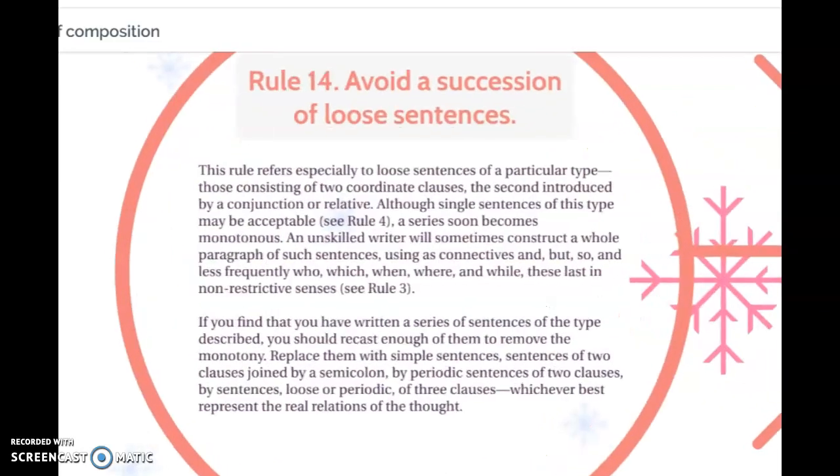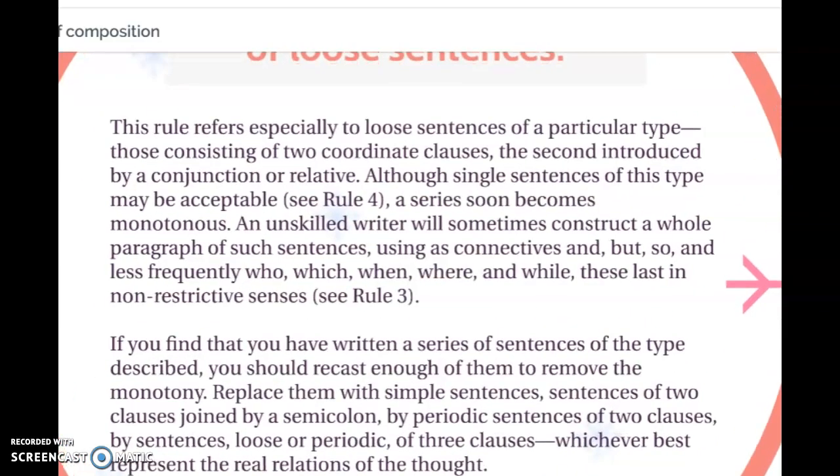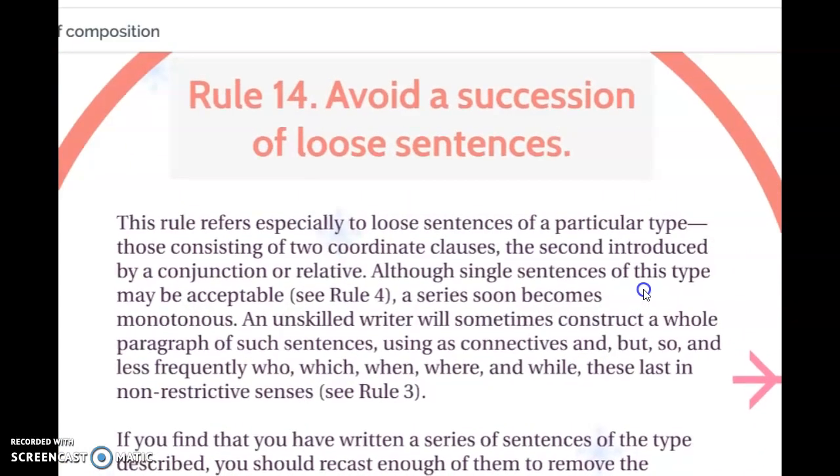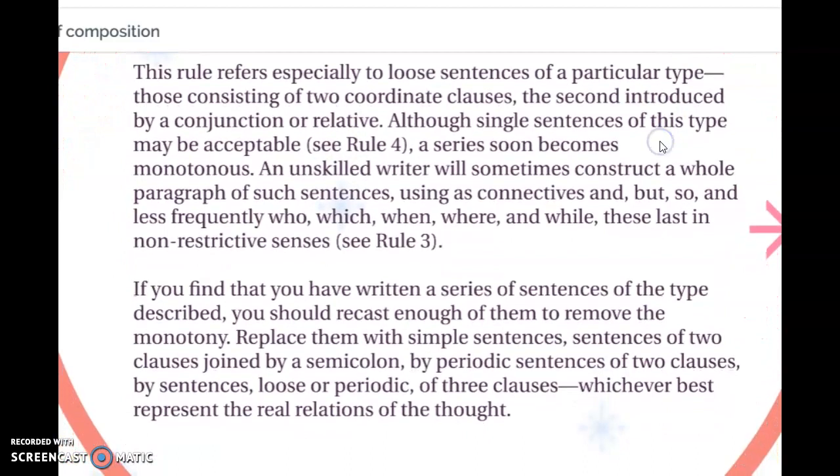One thing that you need to be careful of is to mind the rule of avoiding the succession of loose sentences. Loose sentences are those of a particular type, that is, those consisting of two coordinate clauses, the second one introduced by a conjunction or a relative. Now, although single sentences of this type may be acceptable, a series soon becomes monotonous.